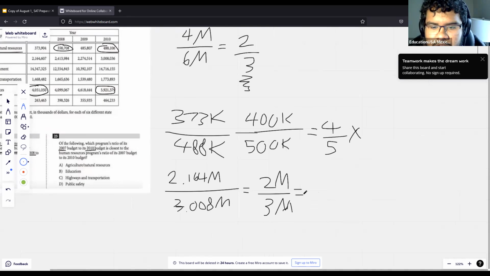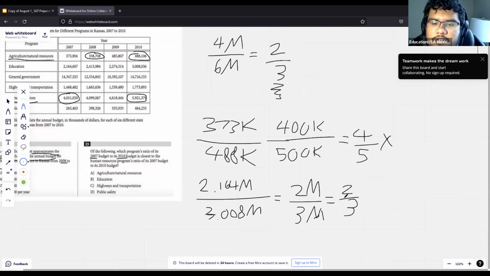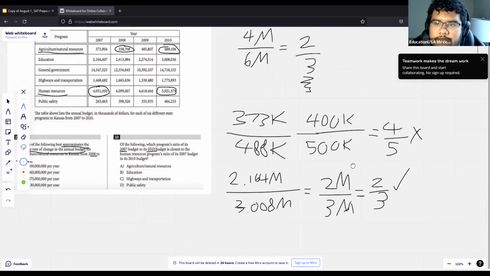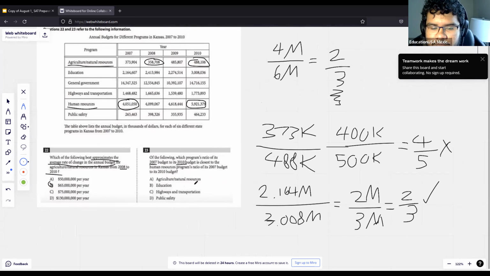As a result, the ratio for education is 2 over 3. This is virtually identical to the ratio we determined earlier for human resources. So this seems like our most likely contender for the correct answer. But just to be sure, let's look at the other choices.